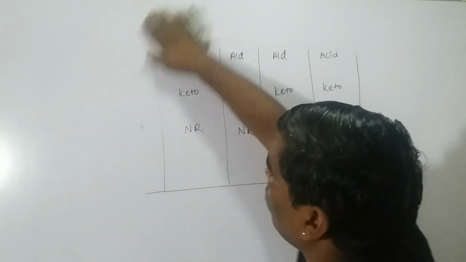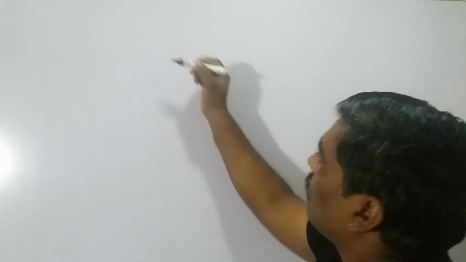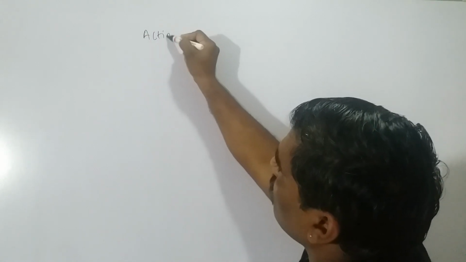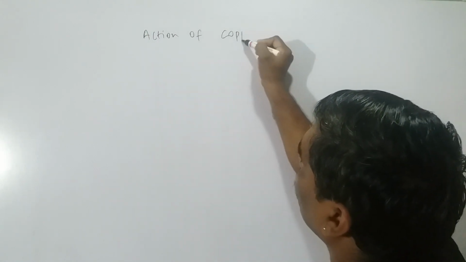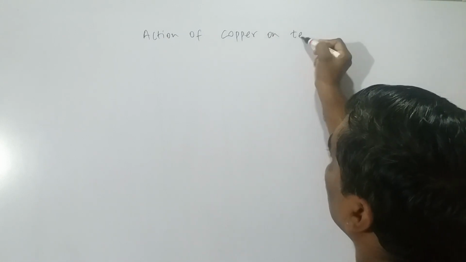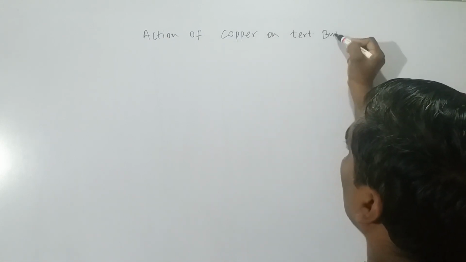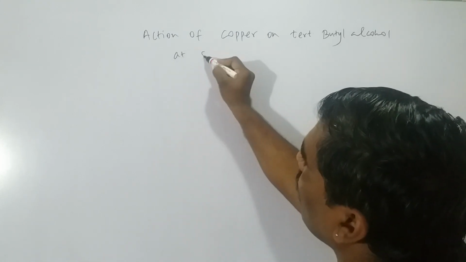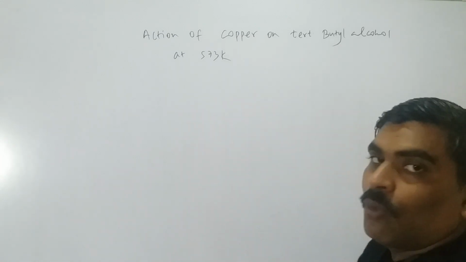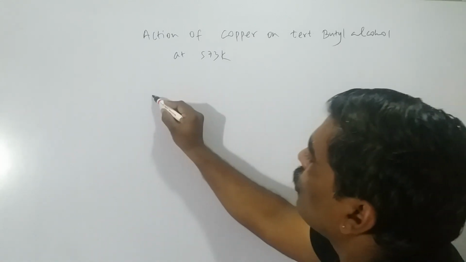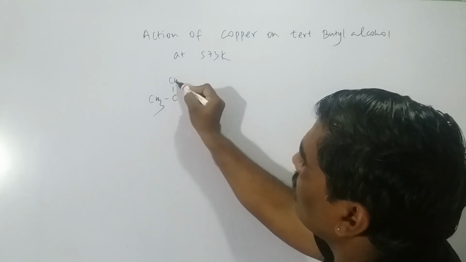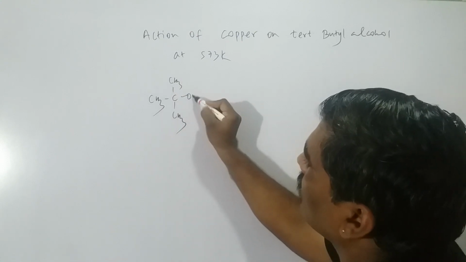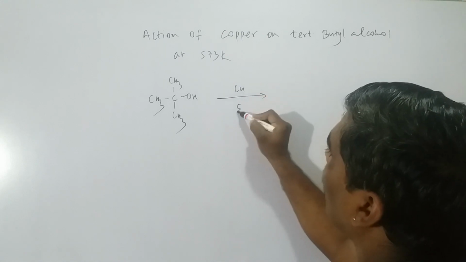Now if the question is the action of copper on tertiary butyl alcohol at 573 Kelvin, what happens? Tertiary butyl alcohol is this, heated with copper at 573 Kelvin.